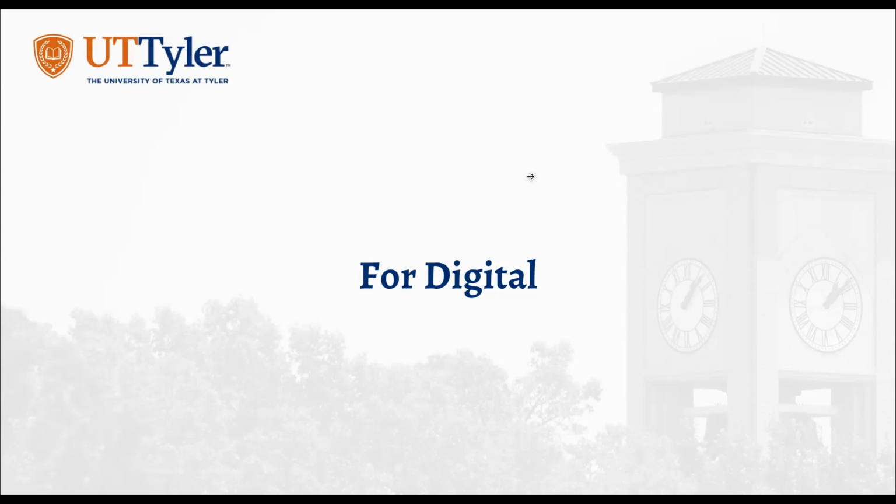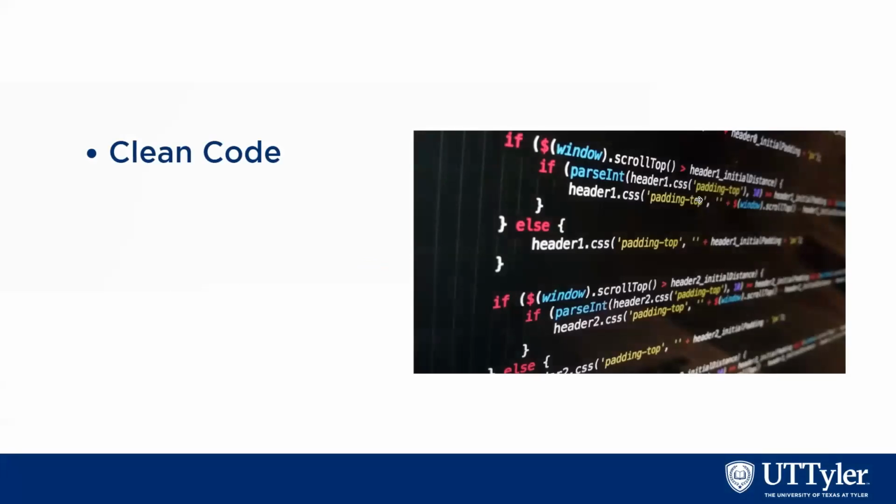So we're going to talk a little bit about our digital content. And when we're talking about this, I'm largely talking about websites, but it can also be emails or maybe you're printing up a QR code to send somebody to something that you created. Make sure in the background you're using clean code.